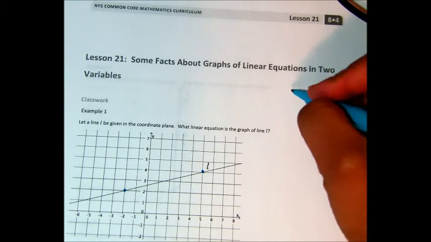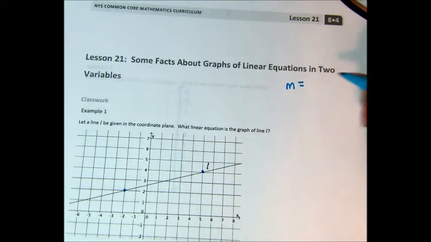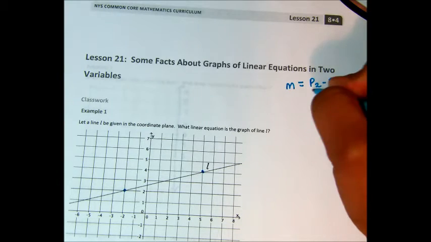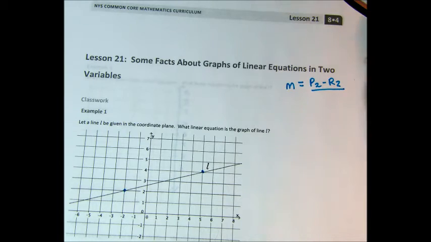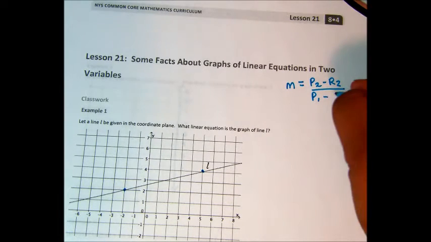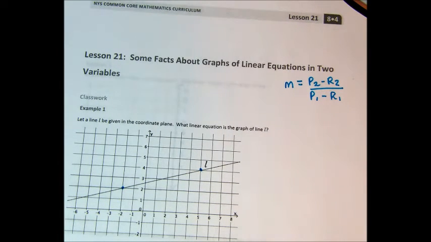Remember from the previous lesson for slope, we took the distance of points P and R, we subtracted their y values, and we put that over the difference between their x values.